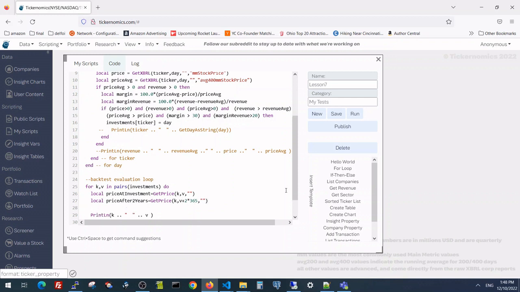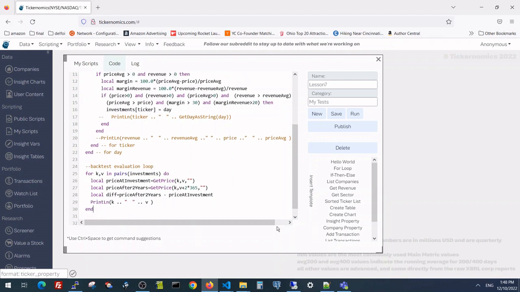Then we need to evaluate by how much in percentages it performed, essentially. So what we need to do is subtract the difference. So difference, we also calculate the percentage.